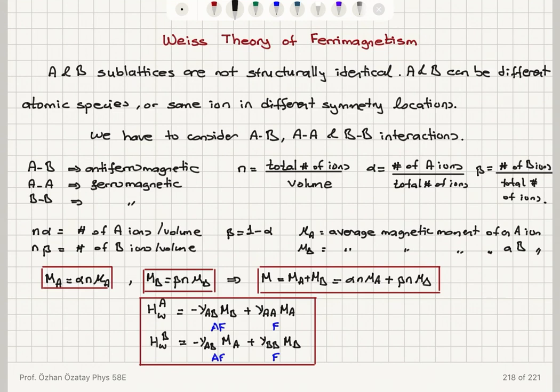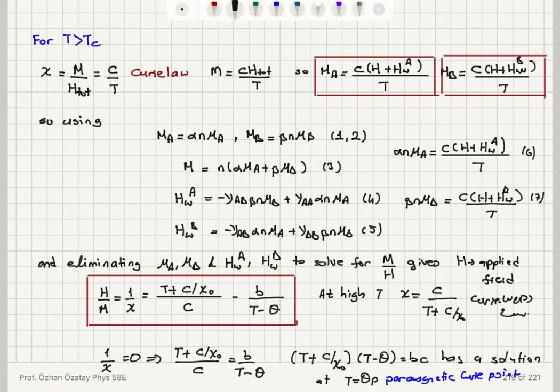Weiss molecular fields: we have to consider antiferromagnetic interactions with the other sublattice and ferromagnetic interactions with the same sublattice, as we can see here. And for T greater than Tc, we have Curie's law. Susceptibility is M divided by the total field, that is C divided by T, and including in the total field the applied field H and the Weiss molecular field.